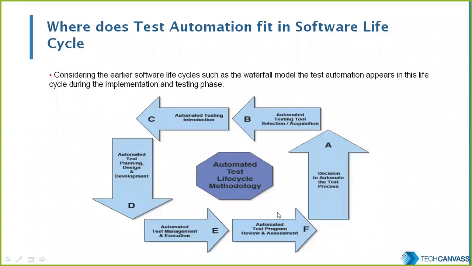Even though you don't have the build available for testing your UI automation, you can start creating your test cases, and later run those automation test cases against the application. So automation starts from the design phase itself.